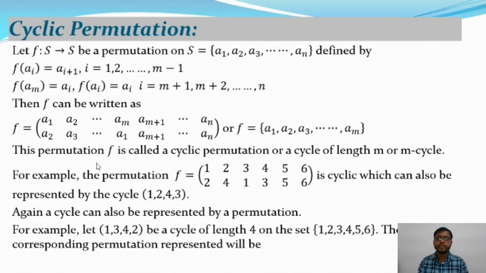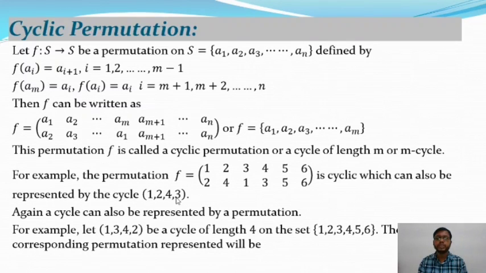So from the above definition, we conclude that (1 2 4 3) is a cycle, and 5 goes to 5, 6 goes to 6. So this permutation can also be represented by a cycle, and the elements of the cycle are 1, 2, 4, 3. Or it can be written as (2 4 3 1) or (4 3 1 2).